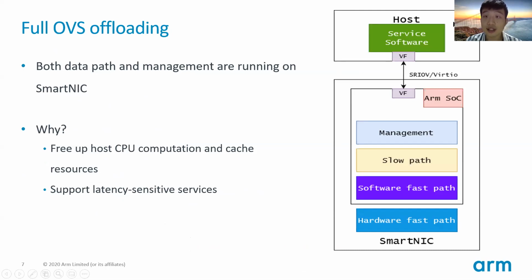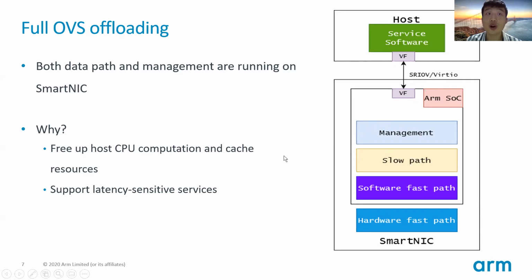As you can see in the picture, because of the ARM cores on the SmartNIC, we can run both the data path and management software on the SmartNIC. The SmartNIC will communicate with the host and send traffic to the host through SR-IOV or Virtio.